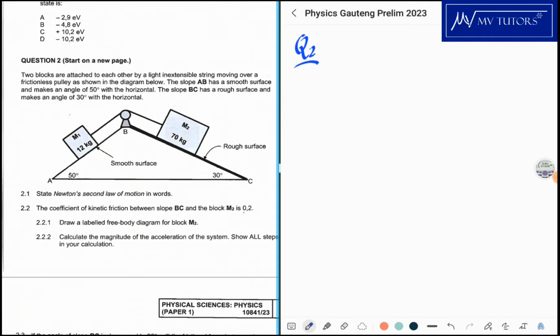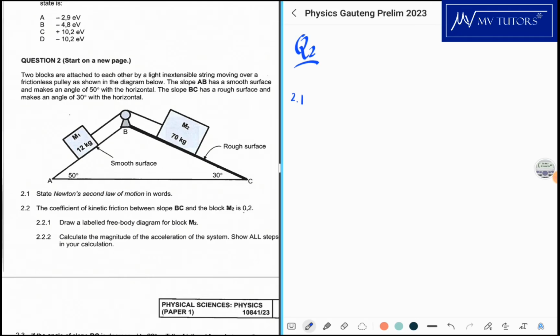It's quite clear. Now 2.1 says state Newton's second law of motion in words. I am not going to write this down. You know this by now. So what does it say? It says that when a force acts on an object, the object will accelerate in the direction of that force. Now let's talk about the acceleration. That acceleration is directly proportional to the force.